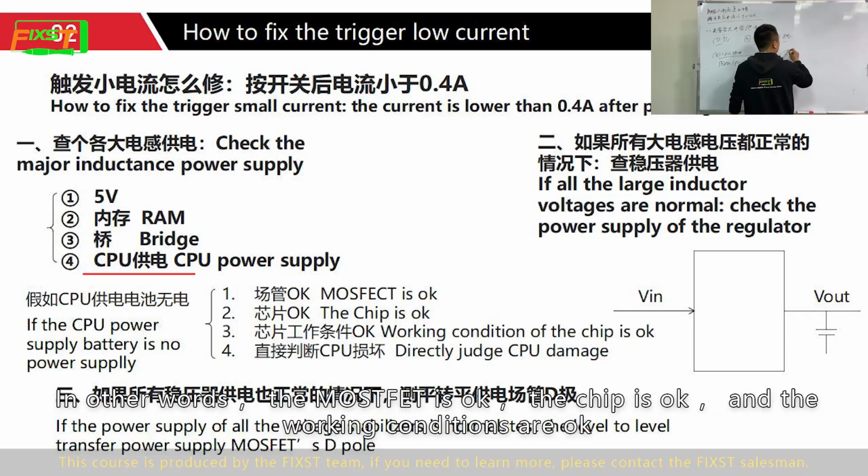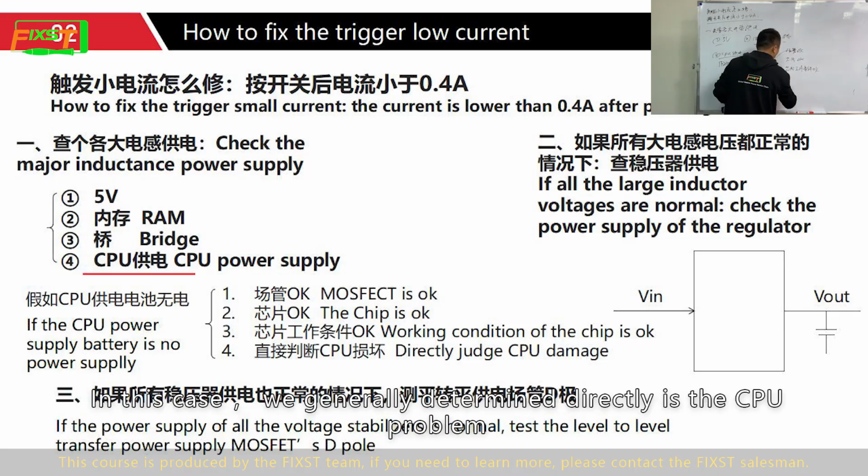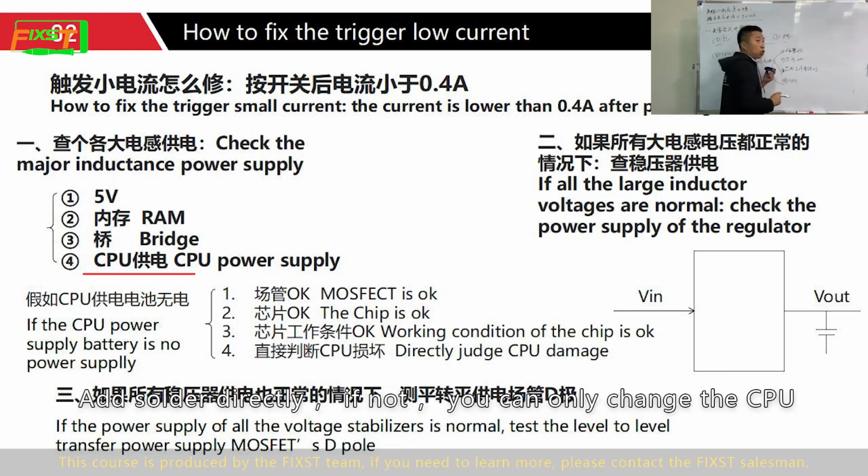In other words, the MOSFET is okay, the chip is okay, and the working conditions are okay. If there is no problem with these three guarantees, in this case, we generally determine directly it's a CPU problem. Add solder directly. If not, you can only change the CPU.